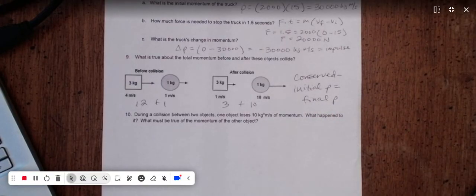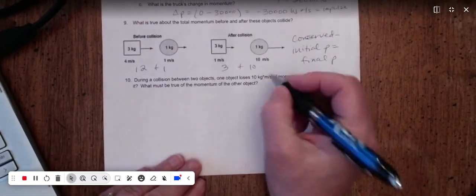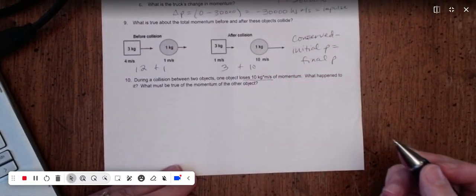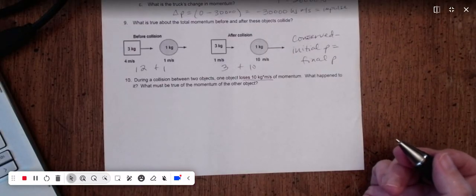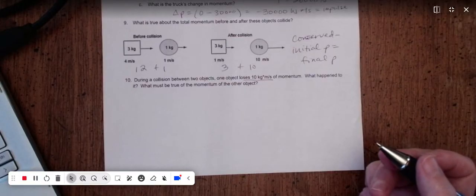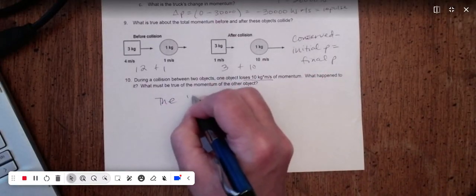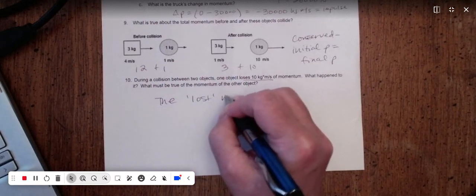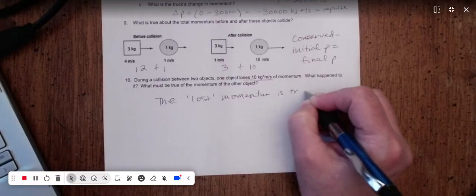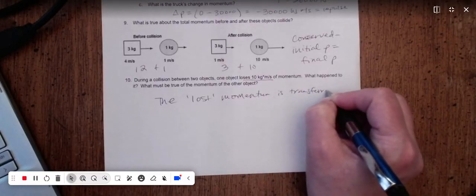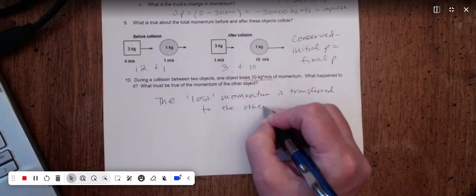Okay. And then during a collision between two objects, one object loses 10 kilograms of momentum. What happened to it? What must be true of the momentum of the other object? So as long as we're a closed system, the lost momentum is transferred to the other object.